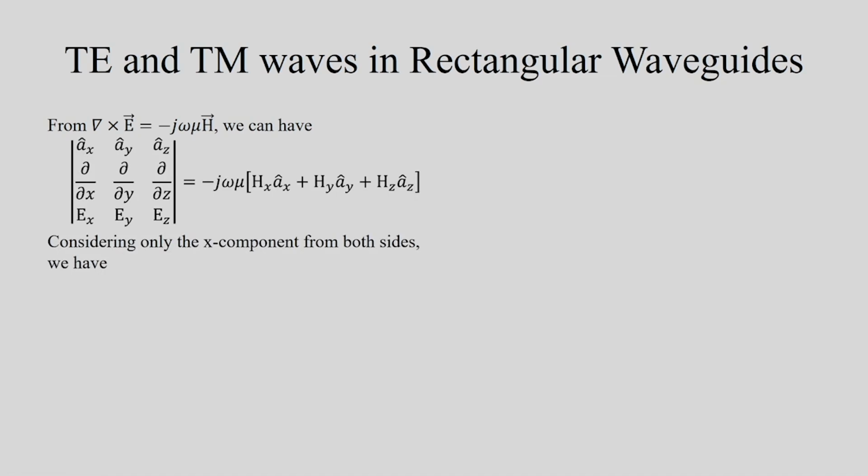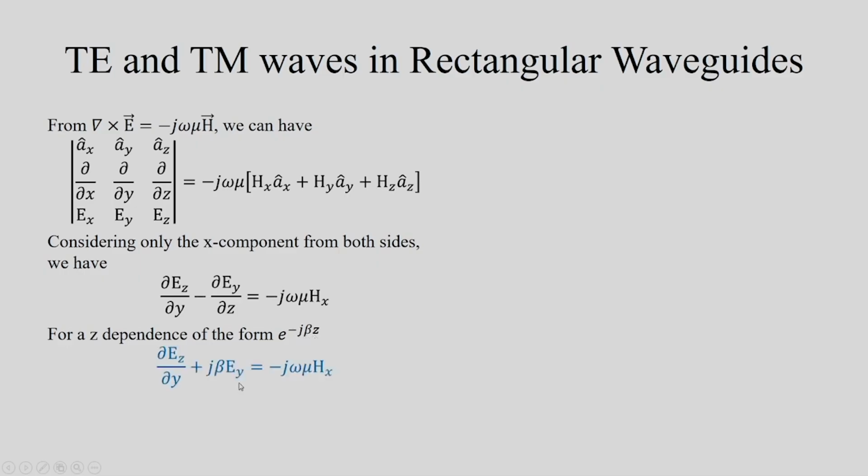So, keeping this in mind, if we expand the Maxwell's equations, then considering only the x component from both sides, we have del Ez del y minus del Ey del z is equal to minus j omega mu Hx. And this del del z can now be replaced by minus j beta as we have discussed.